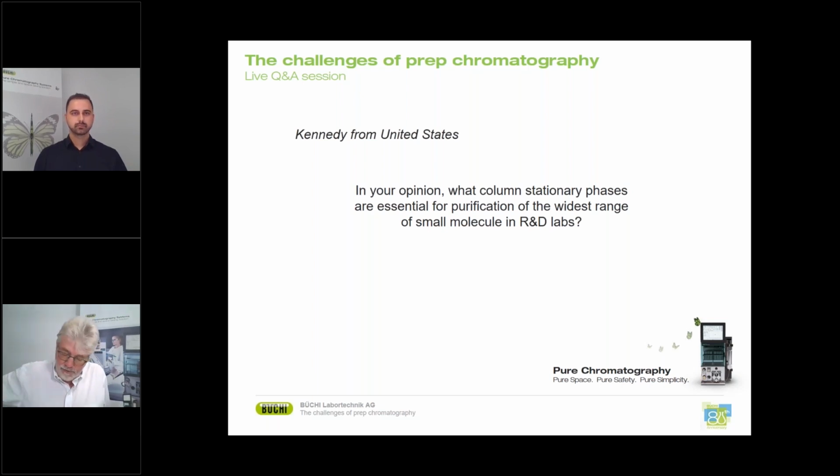So if your compounds are soluble in water, for example, the choice will be very easy. You will have to go for a column material where it's easy to work with water, which will be, in many cases, a reverse phase material, C18 or similar.